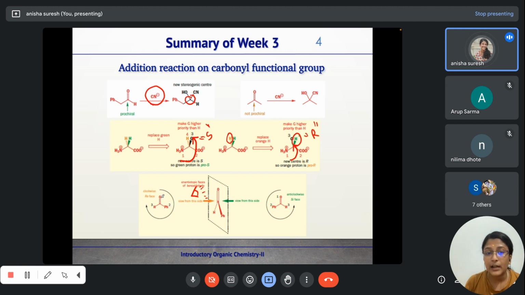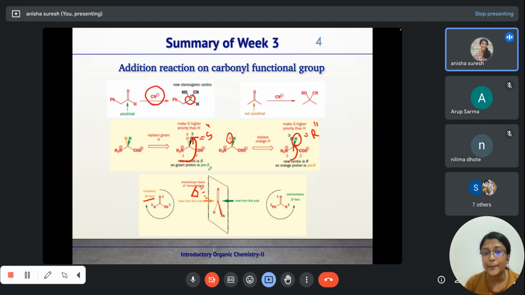So if we assign priorities, oxygen will be given 1, phenyl will be given 2, and hydrogen 3. So this is clockwise rotation, and this face is called Re face. Clear?